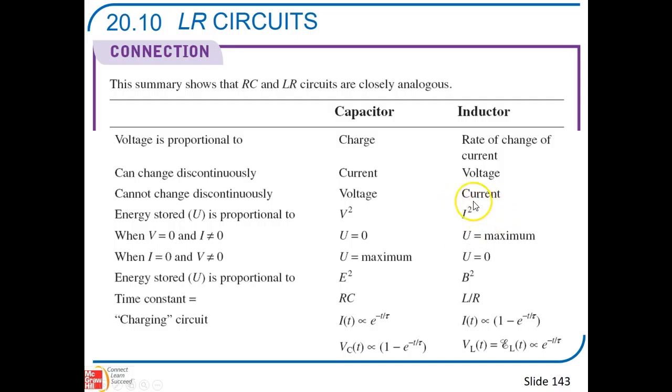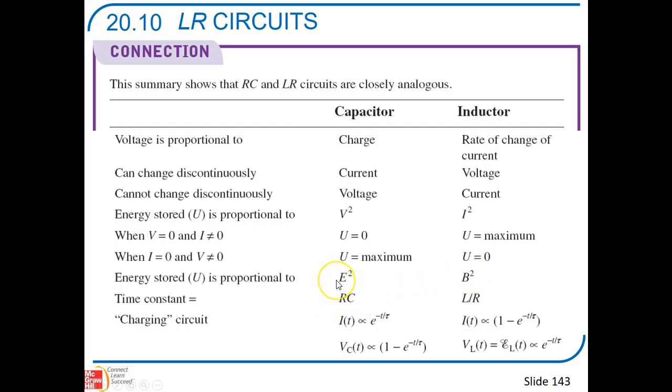Energy is stored as I squared in an inductor, versus V squared in a capacitor. When the voltage is 0 and the current is non-zero, the energy stored in the inductor is at a maximum and in the capacitor it's 0, and vice versa for the other one. When the current is 0 and the voltage is not, U is at a maximum in the capacitor and 0 in the inductor. Energy stored is proportional to E squared in a capacitor, and in an inductor it's B squared.